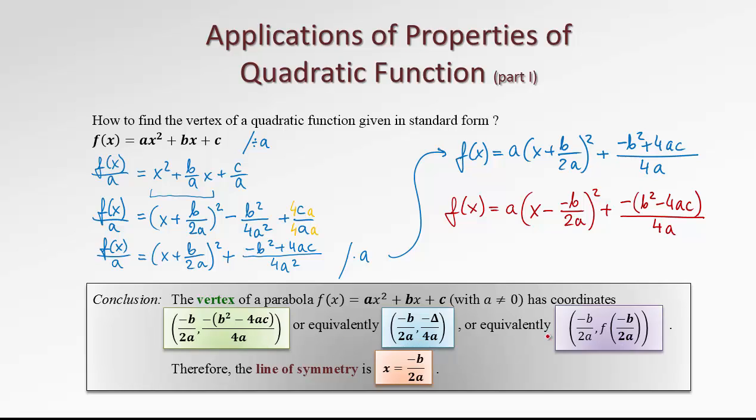Okay, so we have three versions of a vertex formula that we can use. Now, if we know the vertex, we can write an equation of the line of symmetry of the parabola. Remember, that's the vertical line passing through the vertex, which means its equation is x equals the first coordinate of the vertex. Therefore, it's x equals negative b over 2a.